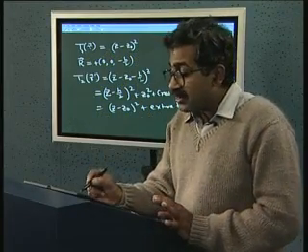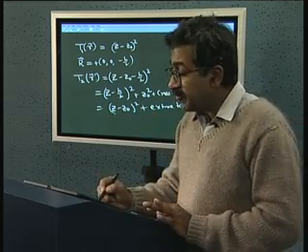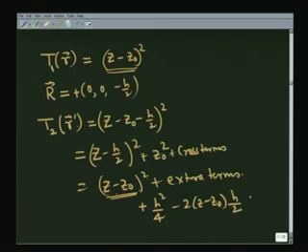What was being called r is being called r prime, but functionally speaking, the functional form has changed. In the original coordinate system, it had the functional form (z minus z naught) whole square. In the new coordinate system, it has the form (z minus z naught) whole square plus extra terms. Now I can write those extra terms if you feel like. That is simply given by plus h square by 4 minus 2 (z minus z naught) into h by 2. That is how it looks.